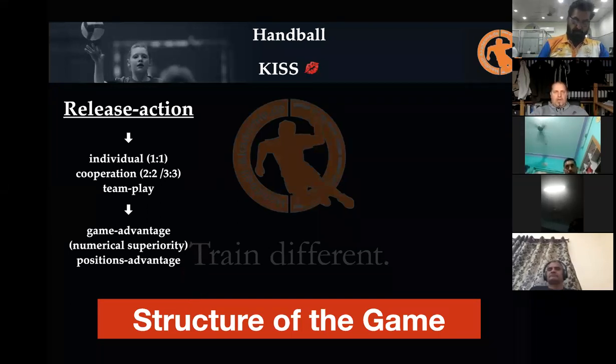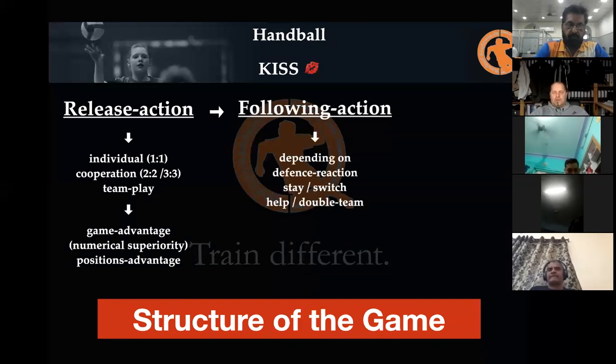But in game, we have to see that not immediately this leads to a goal shot situation, because we have some following action. And this following action depends on the reaction of the defense, and especially on the type of cooperation the defense is using, so they can stay or switch, they can help or double team.